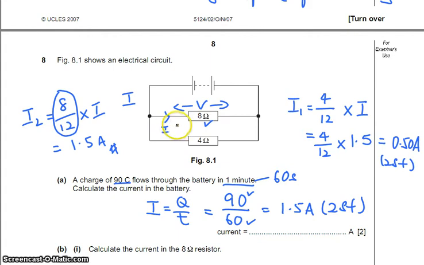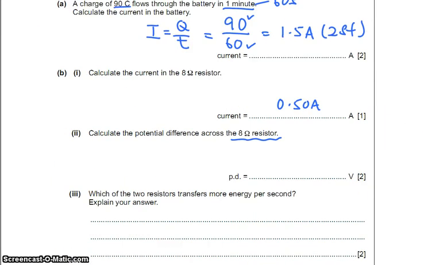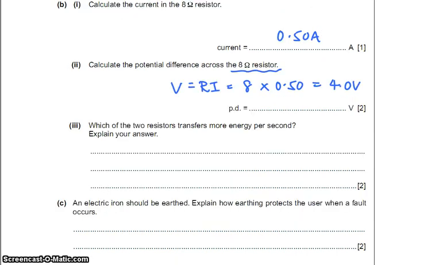Yes, you know I. You just found out from here. So in this case, you can use your formula V is equal to IR. Okay, and R will be 8 and I would be 0.50. So the answer would be 4.0 volts. Clear? Okay, let's move on to the next part.